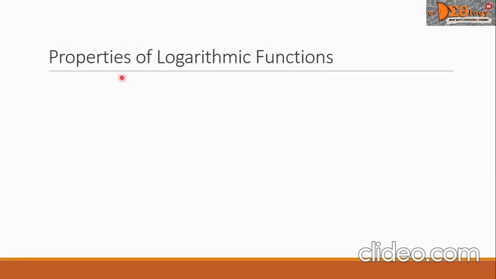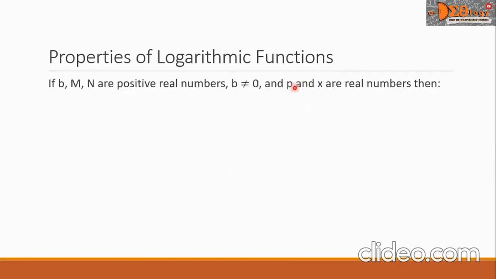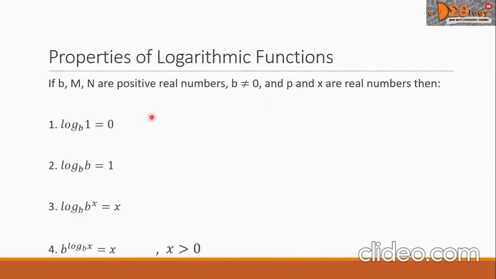Let us proceed with properties of logarithmic functions. If b, capital M, capital N are positive real numbers and b is not equal to 1, and p and x are real numbers, then we have here the first 4 properties of logarithmic functions.